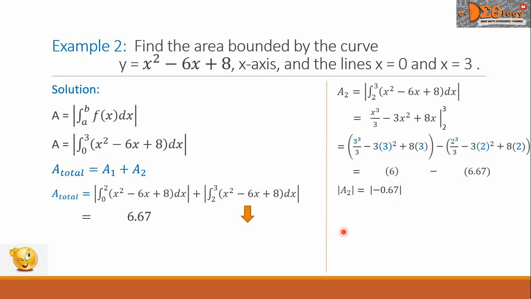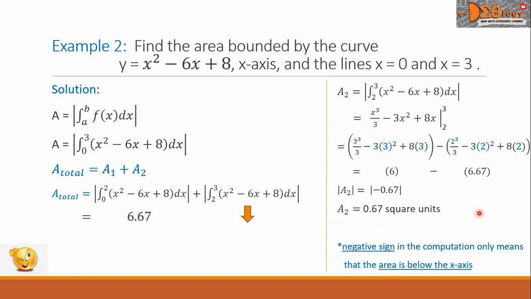Because of the absolute value, area sub 2 equals 0.67 square units. Take note that the negative sign in the computation here only means that the area is below the x-axis. Now let us copy this value below this area 2 on this formula on the left side.